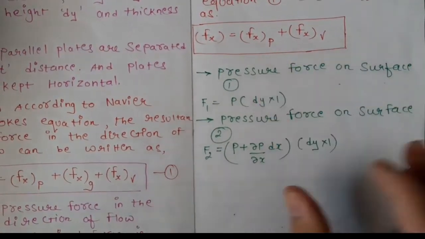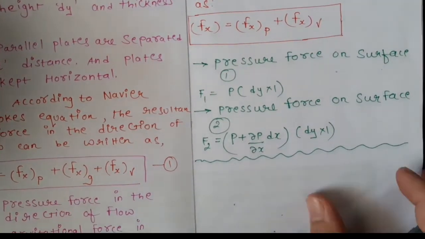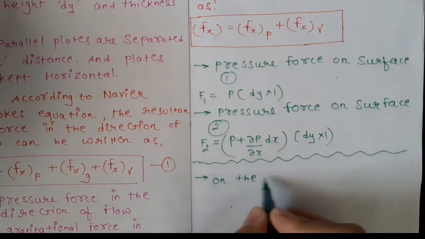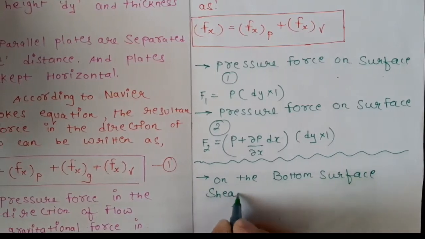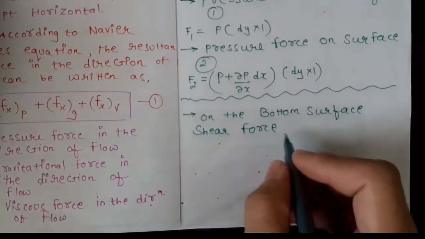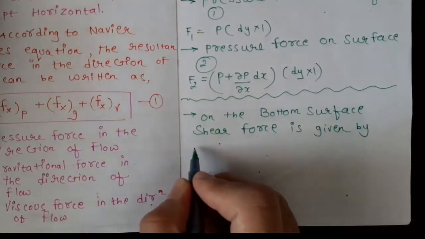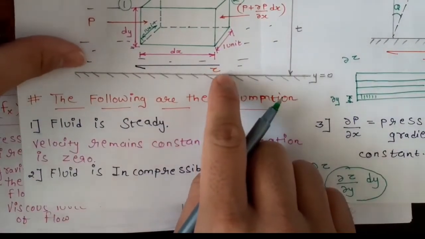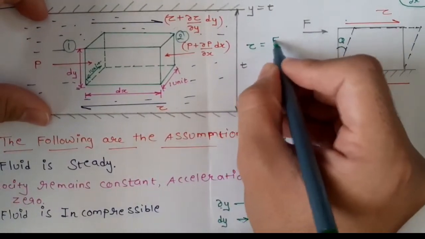Now we will find the viscous force. What is viscous force? Viscous force is nothing but the shear force. On the bottom surface, the shear force is given by tau into area, because we know that shear stress tau is given by resisting force per unit area.